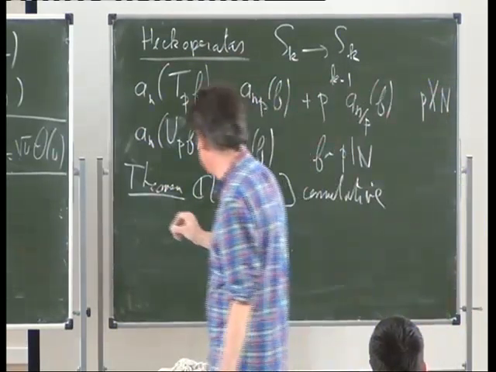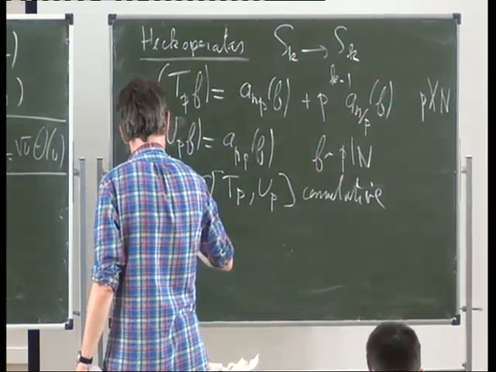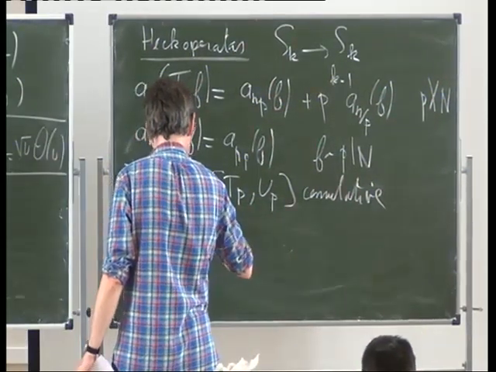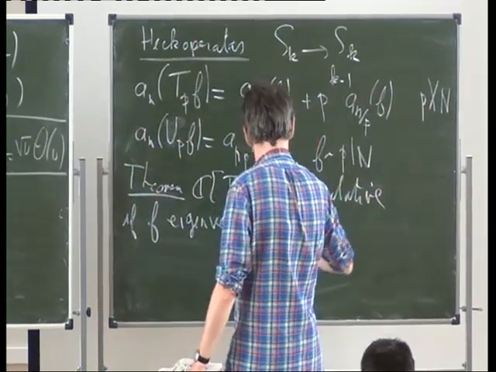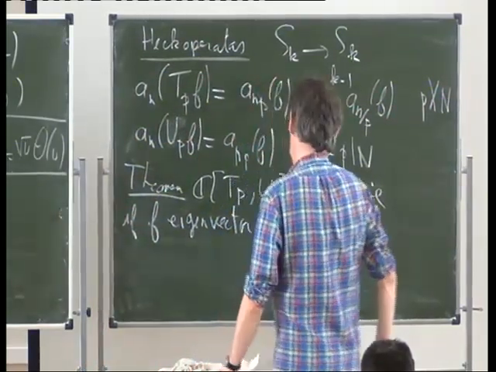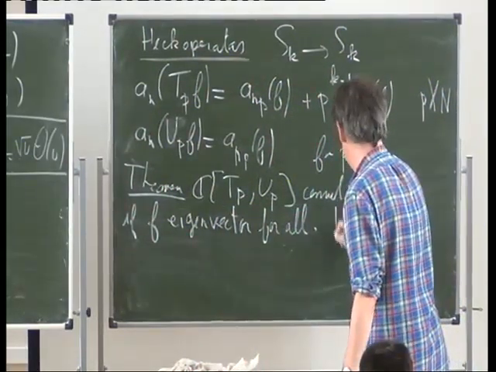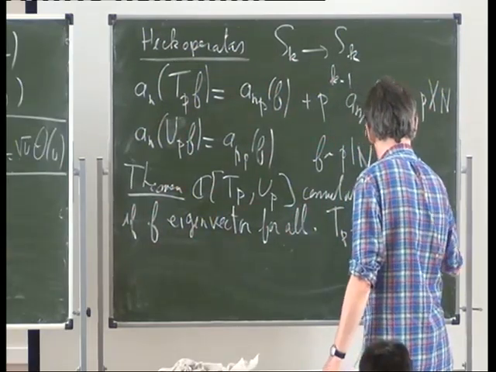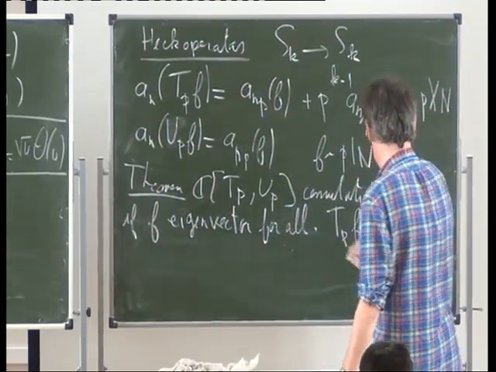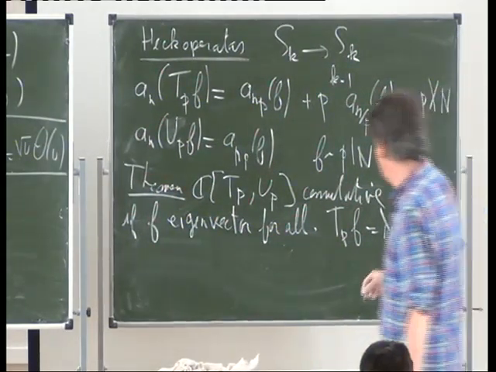So suppose now that f is an eigenvector for all of them, meaning that T_p of f is some lambda_p f, and the same thing for U_p.